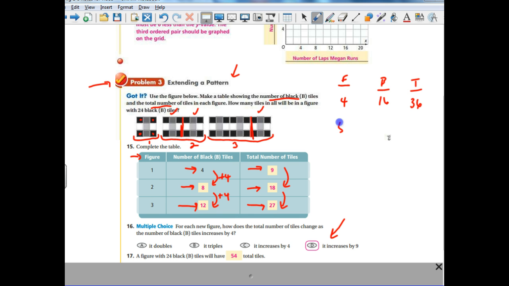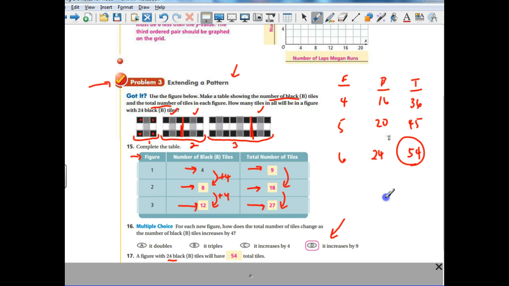The fifth figure would be 20, and that would be 9 more, and that'd be 45. And then the sixth figure, there's your 24, because it said 24 black tiles was the question, and then that would be a total of 54 right there. That's where that came from. That's one way to do that.